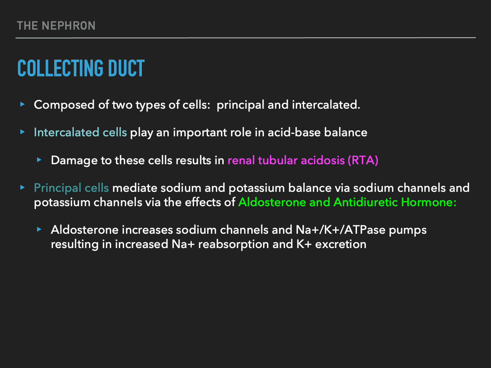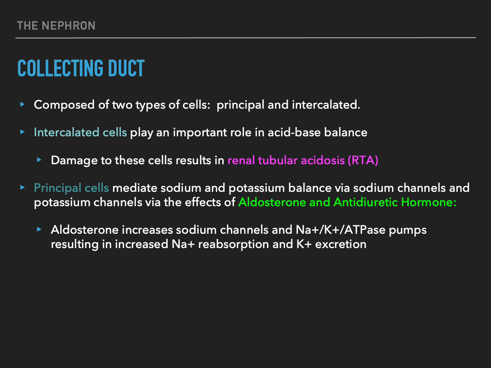So damage to these cells is another way that you can have renal tubular acidosis, where the principal cells are more involved in sodium and potassium balance via sodium channels and potassium channels. And this is where the aldosterone and the antidiuretic hormone have an influence on the collecting duct.